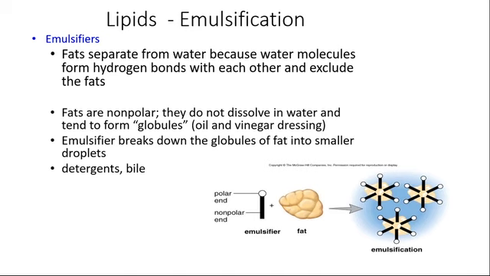That is when the bile comes in, and the bile emulsifies the fat. That means it breaks down the fat into very small globules, which can then be easily acted upon by the lipase, which is produced by the pancreas.